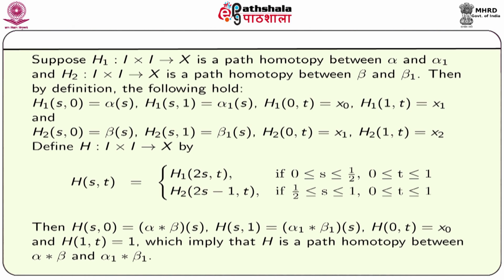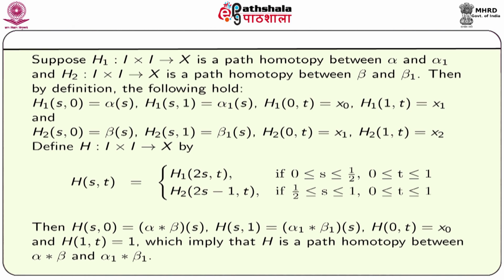And in the second half, that is when s varies from half to 1 and t is between 0 and 1, we take the description as H2, and paste these two continuous functions to get a continuous function capital H by the pasting lemma.